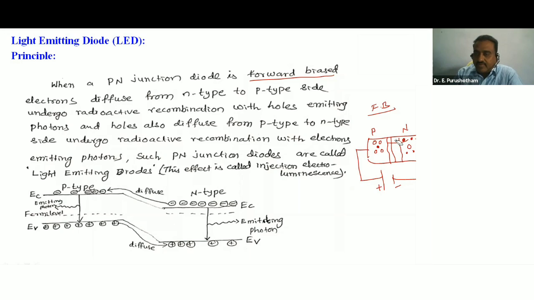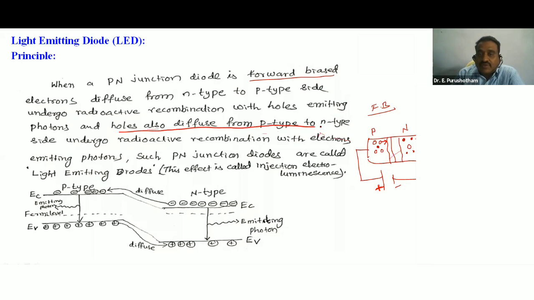Simply, I am removing this line. You see here, when the PN junction diode is in forward bias, this is the positive terminal, this is a positive hole. Due to the repulsion, the holes diffuse from the p-type to the n-type semiconductor.